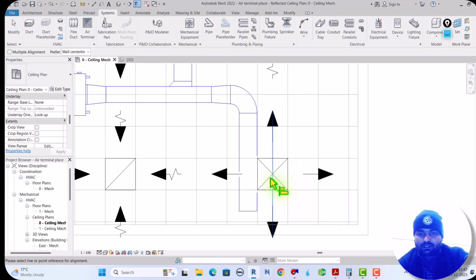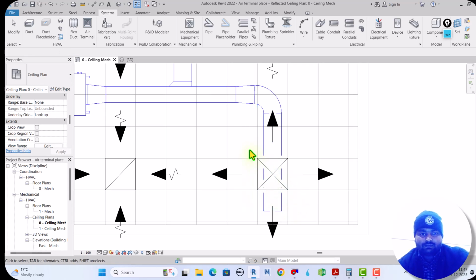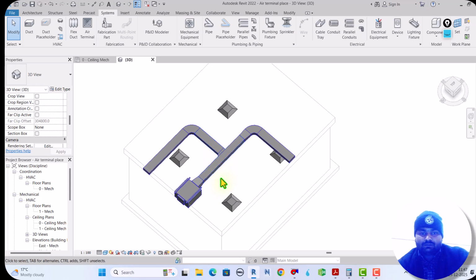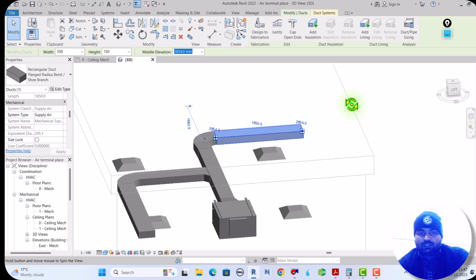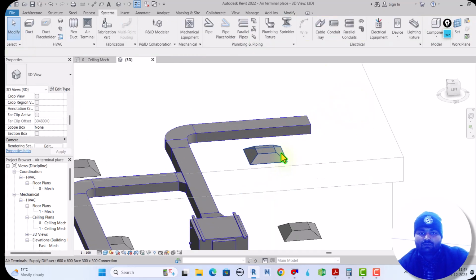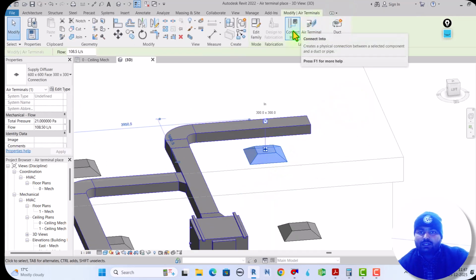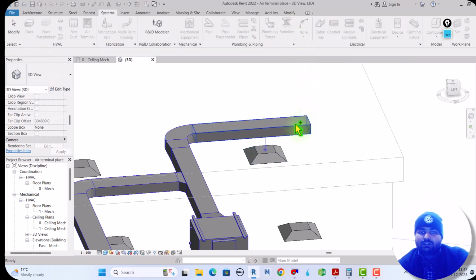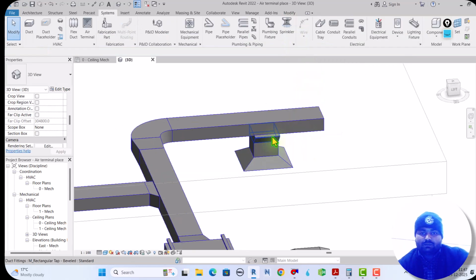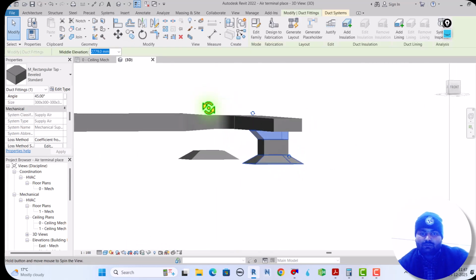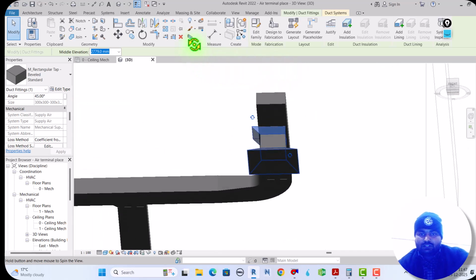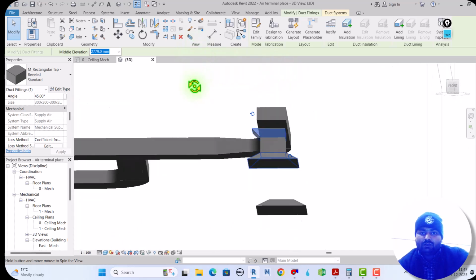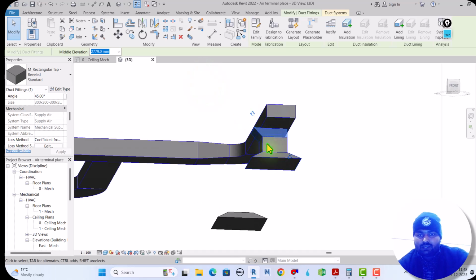If I try to connect here, connect via duct, see, this duct. Okay, so it is not connecting, why? Because we have to align this one.